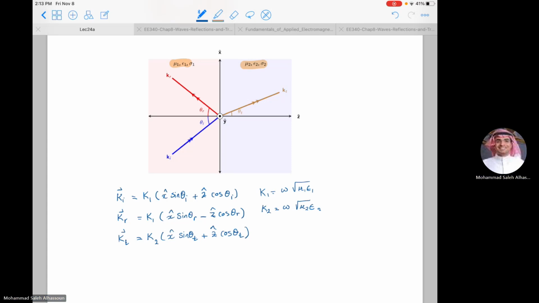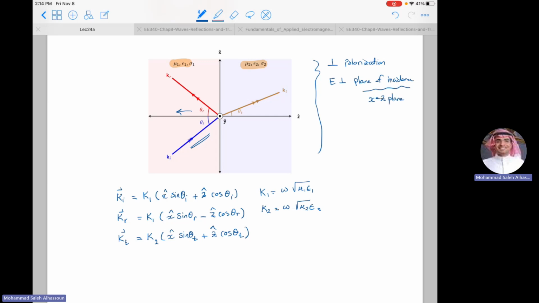At the interface, we have the incident wave and the reflected wave. We're considering the perpendicular polarization, also called the S polarization, so the electric field is perpendicular to the plane of incidence. The plane of incidence is the plane that contains the wave vector and the normal to the interface. Clearly here the plane of incidence is simply the xz plane.